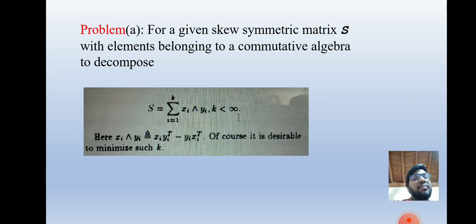Here the symmetric symbol, we know from sets, let's take A and B: A symmetric B means A union B minus A intersection B, like that. Here in matrix S, xi symmetric yi means xi yi transpose minus yi xi transpose.